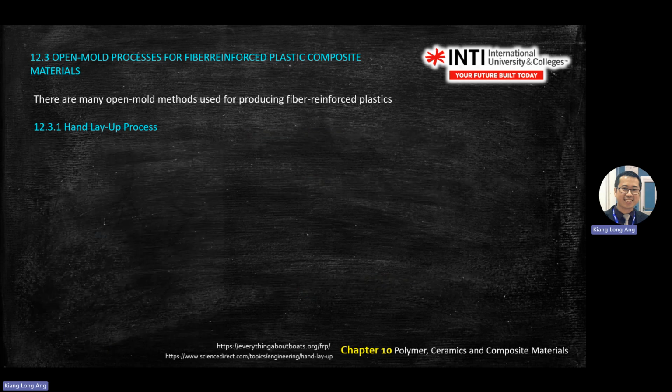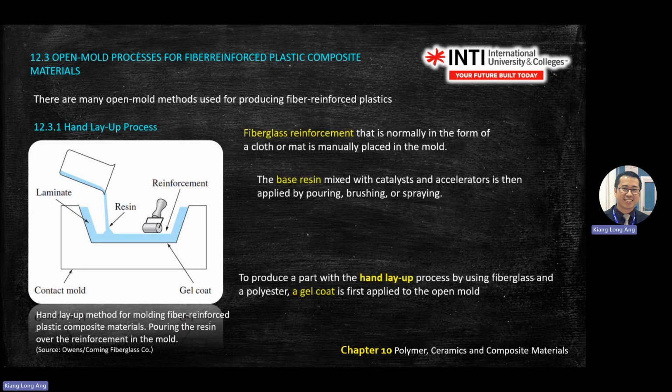This is called the hand layup process. So you put in matrix, you put in fiber, you pour, you roll it, you put in fiber again, the fiberglass, you cut it, and you need to wear PPE because fiberglass can cause lung infection.